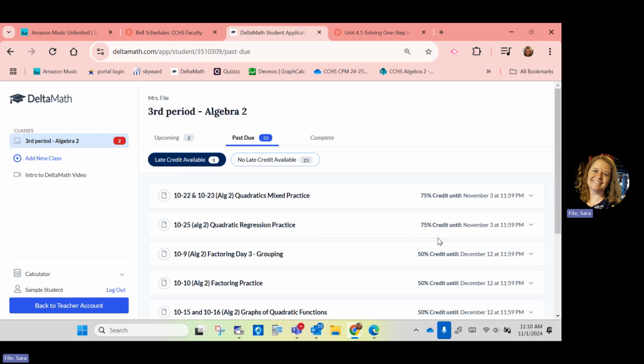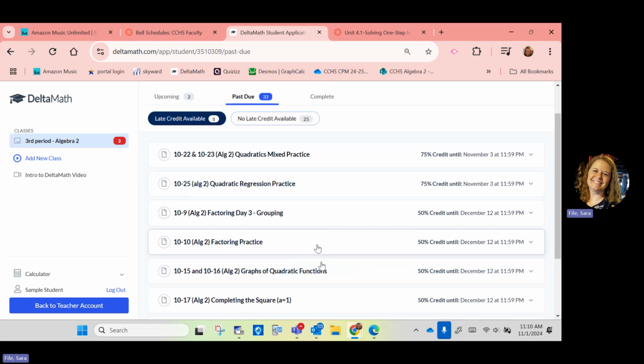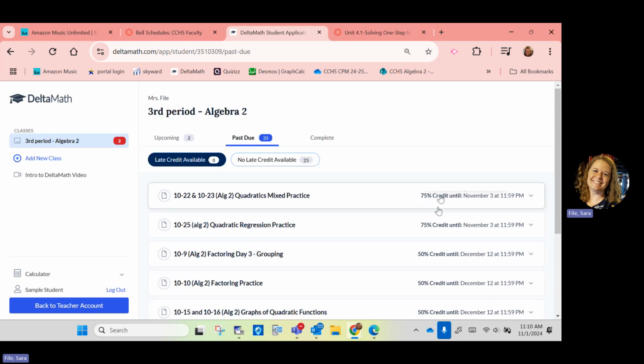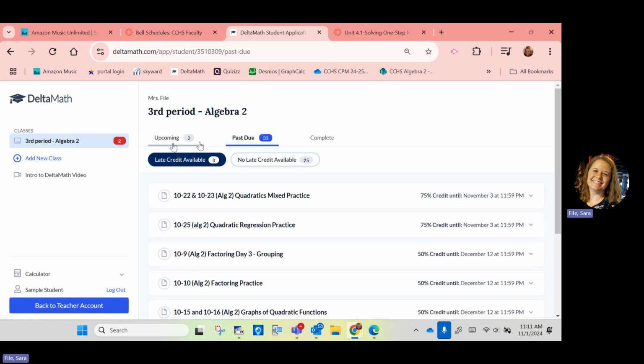The rest are all dropped to 50% credit till December 12th. So you can go back and do those anytime before December 12th. Okay, so it's not a rush to go back and finish those, but I would try to finish these that are still at 75% credit for sure. Okay, and then just get to these when you have time later. But stay caught up on the current stuff and the ones that are still at 75% credit.